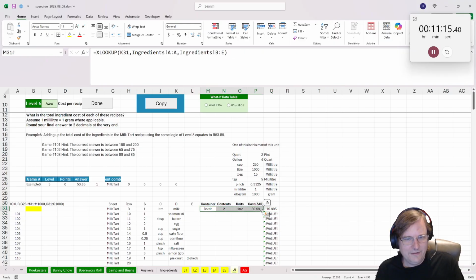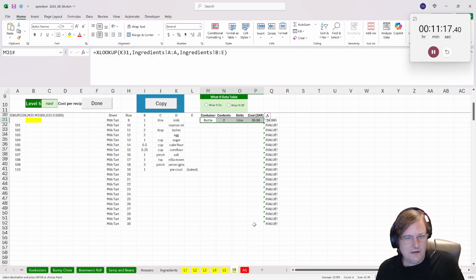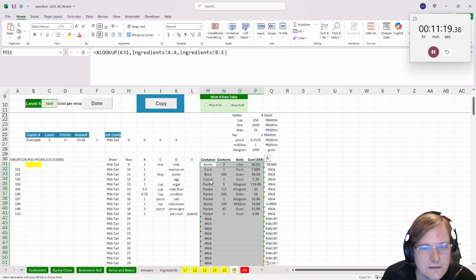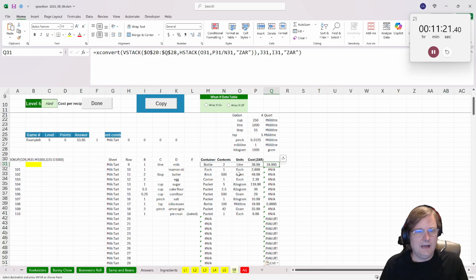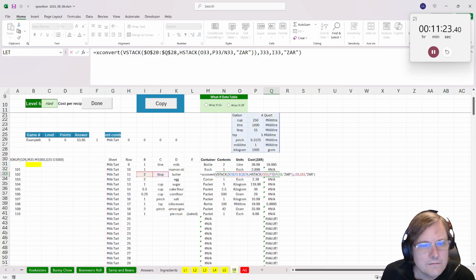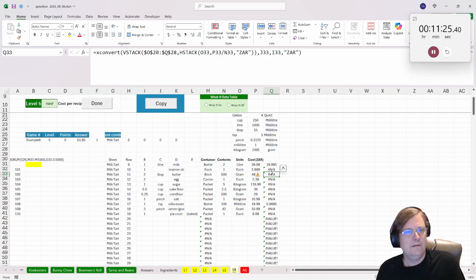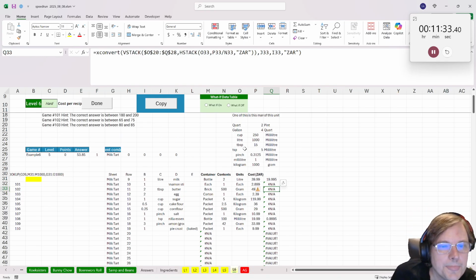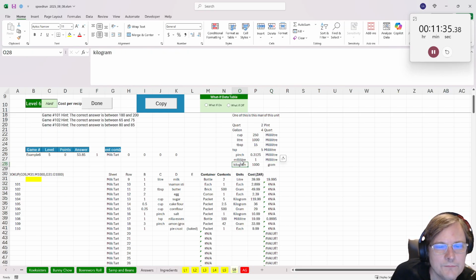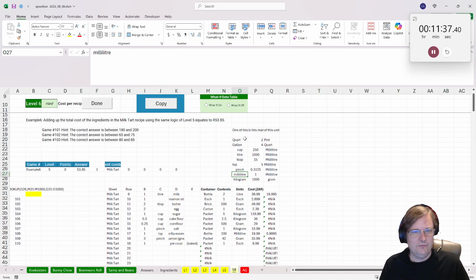Oh no, I never copied those down. That's why. I never copied down this. Now we've got most of these. This one still looks a little off. I want to convert from gram to kilogram to the, oh no, I missed one.